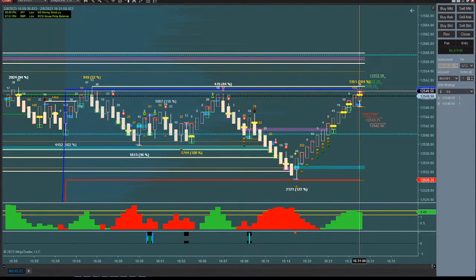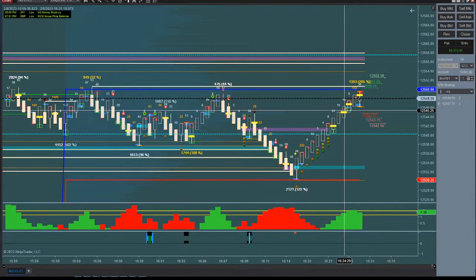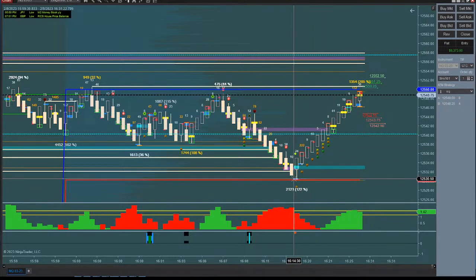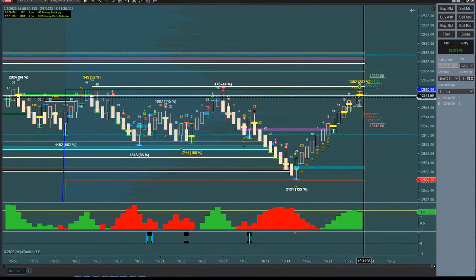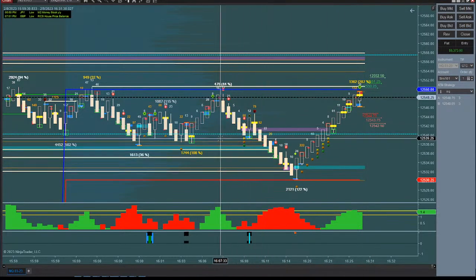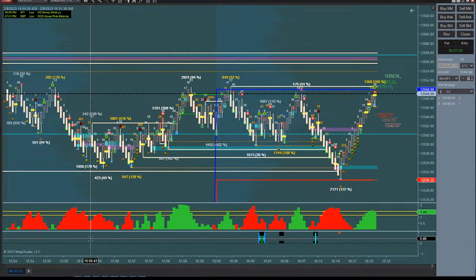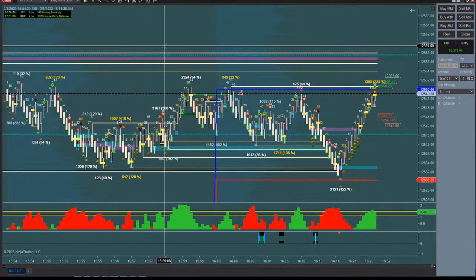This red box is also trapped buyers. This blue line down here, this is trapped buyers. So when that happens, the algos reverse. But this is a short time frame too. This is only in the last 25 minutes.